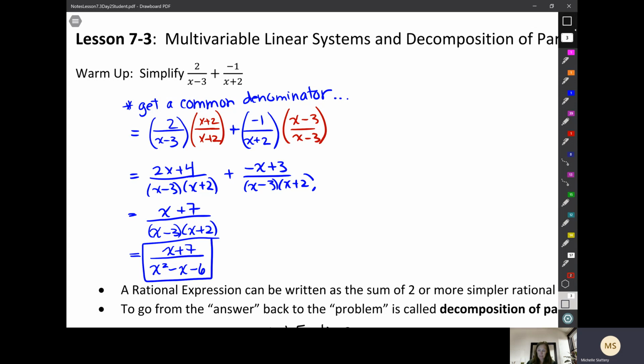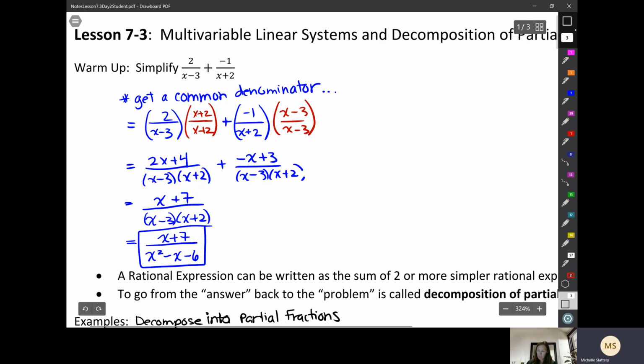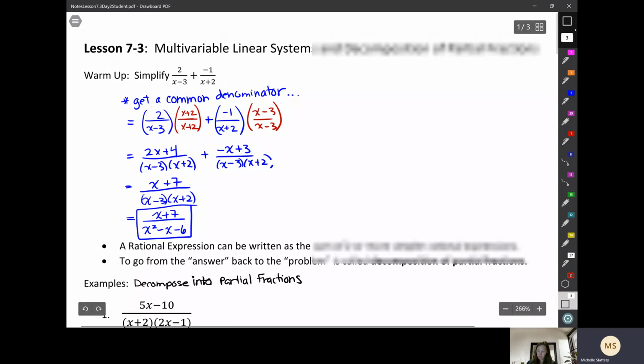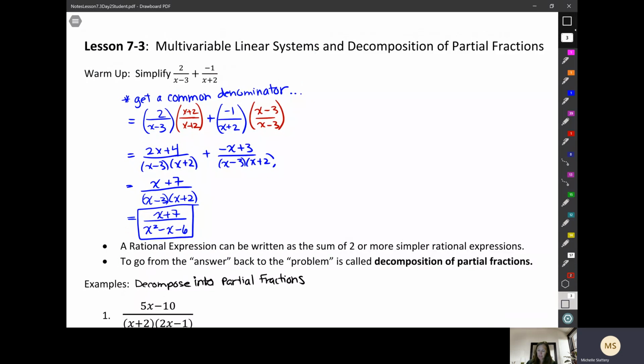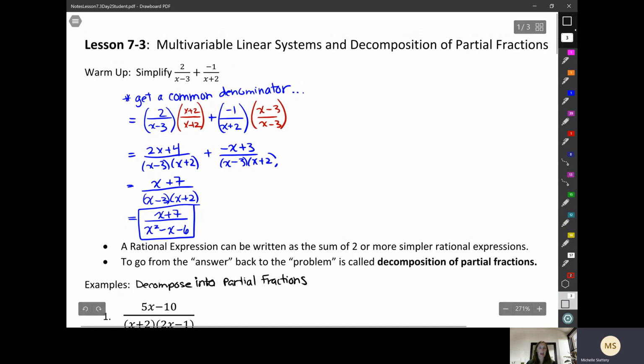Okay, so what does that mean? Decomposition of partial fractions really means we're going to take a problem that we're used to seeing and work it backwards. I am going to give you something like this here and say, I want you to decompose it into partial fractions.